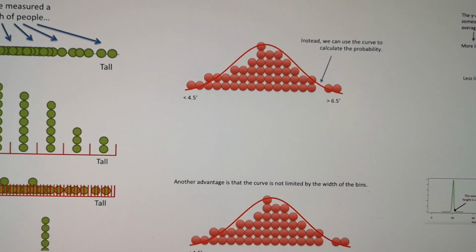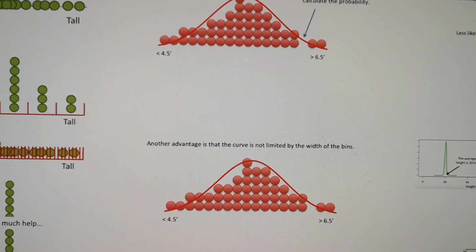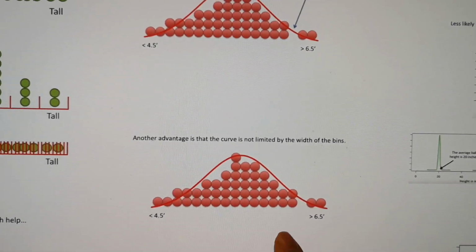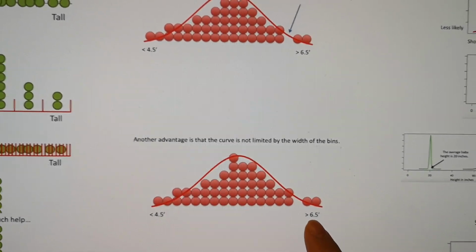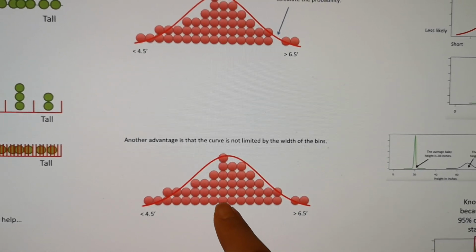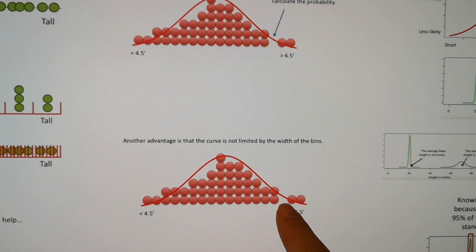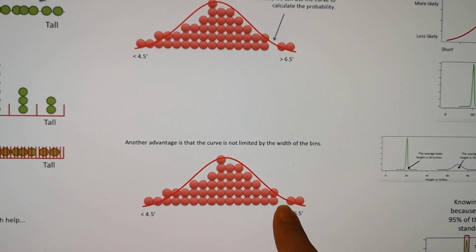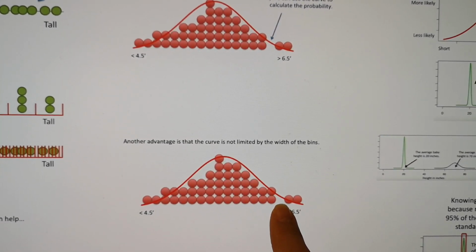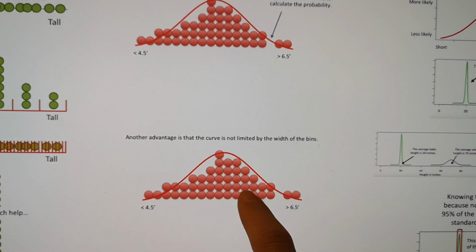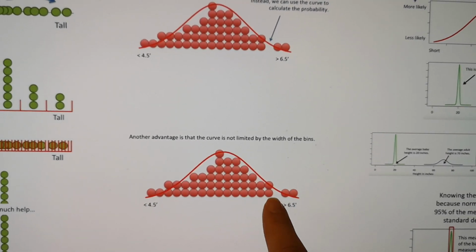It also has another advantage, that the curve is not limited by the width of the bins. Sometimes the bin is too big and may miss some information. Sometimes the bin is too small or not exactly the width we wish for. So we can use this method to get the right bin width, or any point you want to estimate.